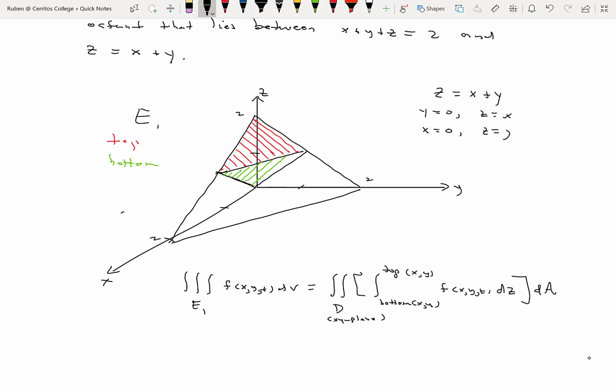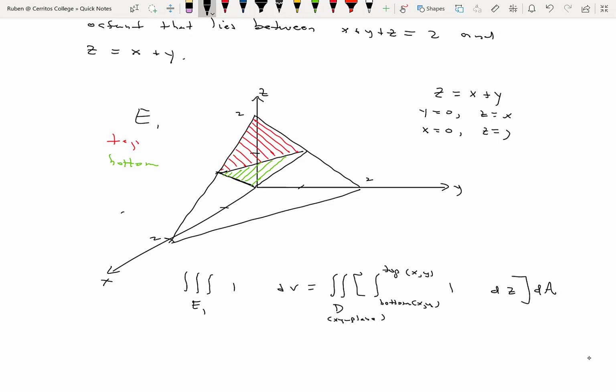Of course, for us, the function is 1. So I'm going to take out that f of x, y, z on the right-hand side. I'm just going to put in 1.